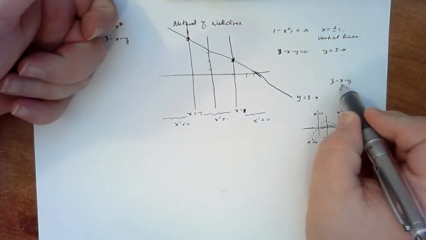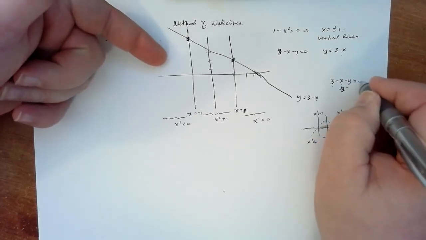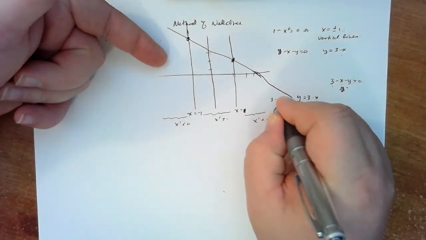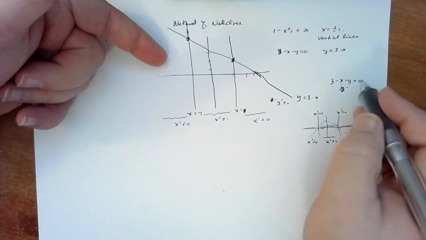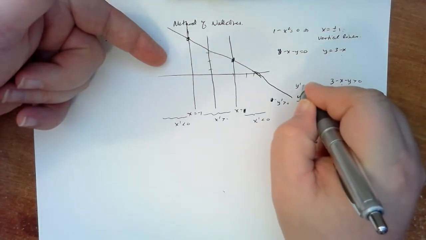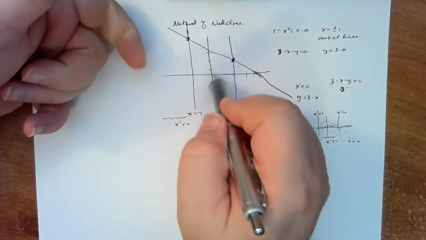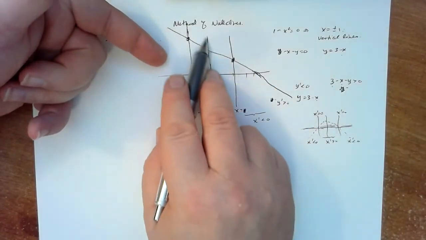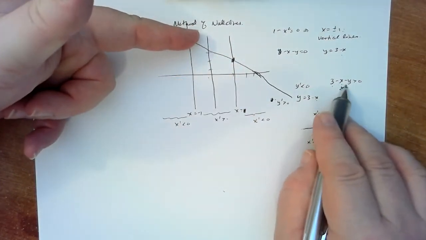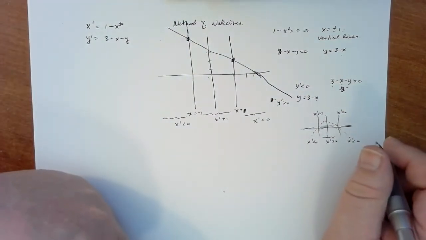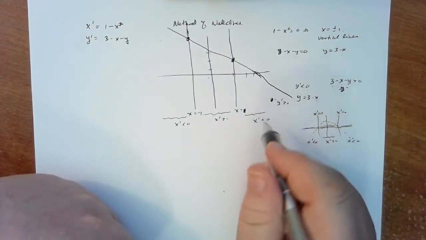For example, if I put in 0, 0, I get a 3 out. And so this function is positive below the line. I'll say y prime is positive below the line. And so that means y prime is going to be negative above the line. Just to double check that again, you could try plugging in the value 0, 4. If I put in 0, 4, I get a negative value here for my derivative. Good.